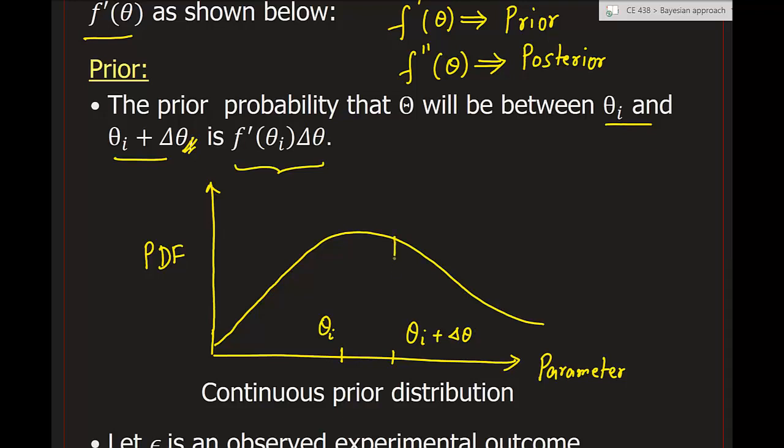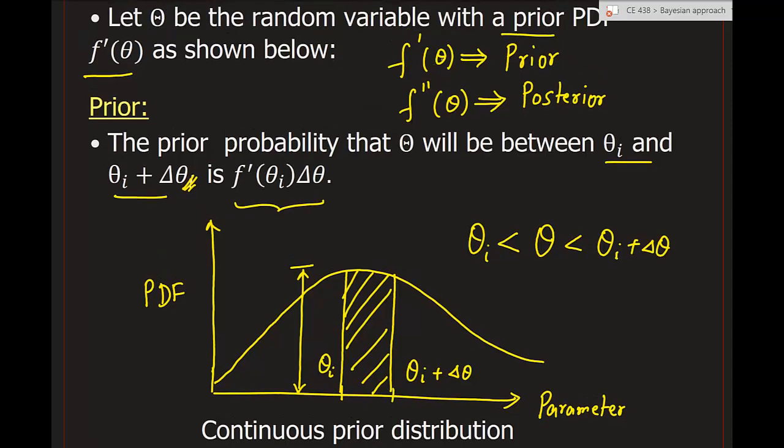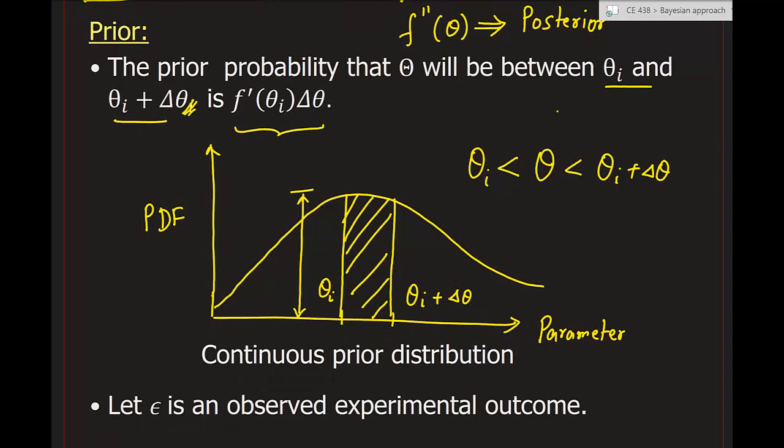So we can find the area of this rectangle, which is nothing but the probability that theta lies between theta i and theta i plus delta theta. So what is this ordinate? Because I know this prior function is given by f' theta, this ordinate value is nothing but f' theta i.